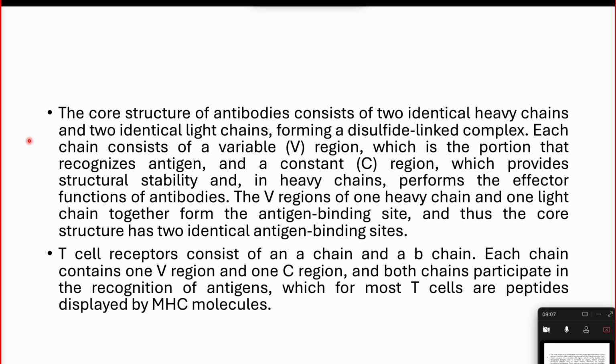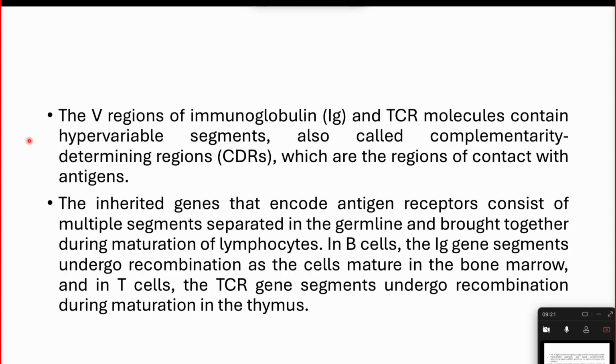Each chain contains one V region and one C region, and both chains participate in the recognition of antigens, which for most T cells are peptides displayed by MHC molecules. You must know these facts by heart now, right? Because we have been discussing and reiterating this again and again since our first class.